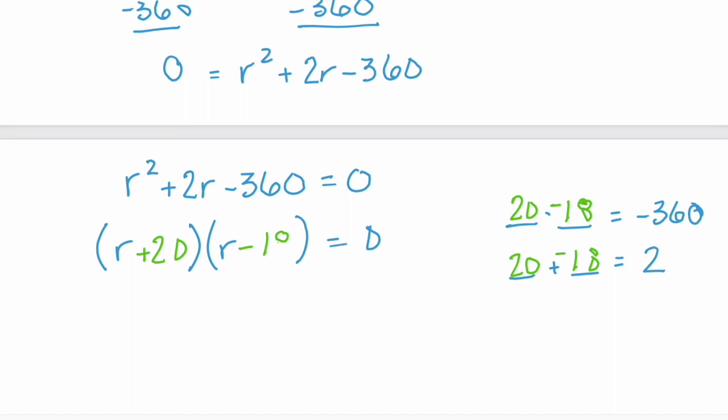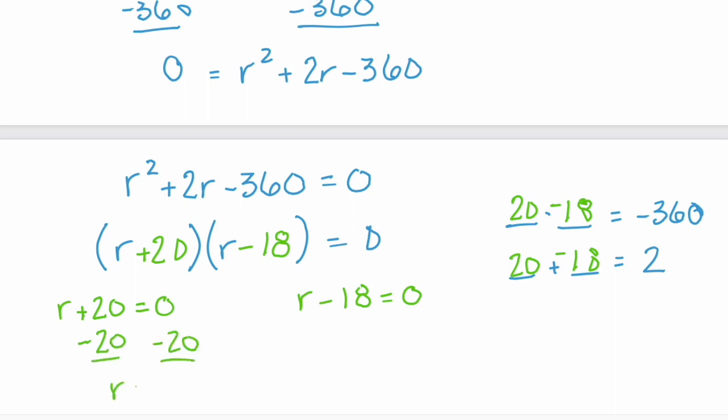minus 18. Now we use the zero product property, which tells us r plus 20 equals 0 and r minus 18 equals 0. And we solve each of these. Subtract 20, and the first answer is r equals negative 20.